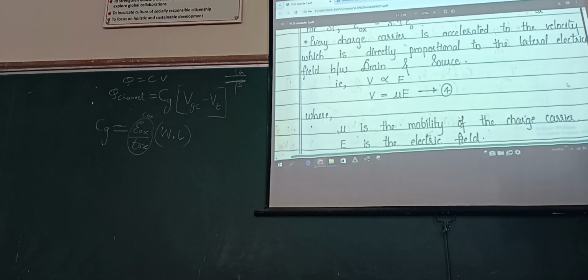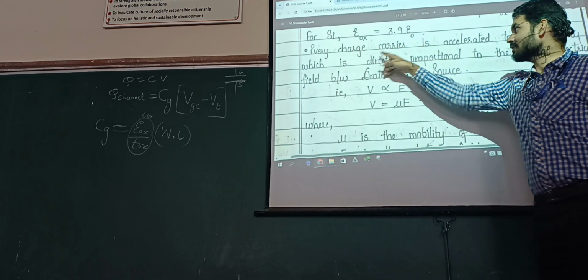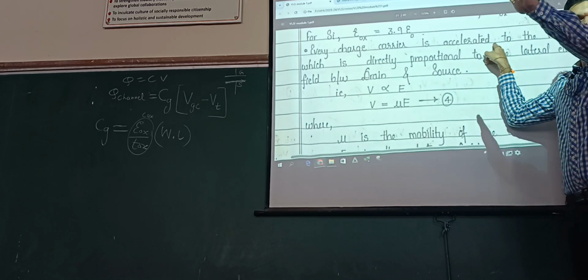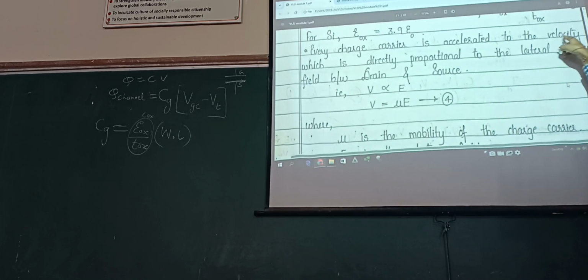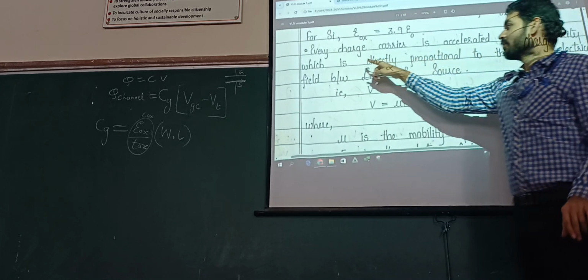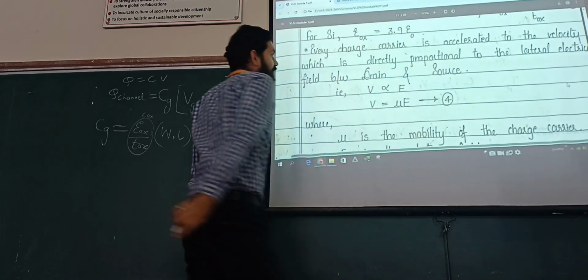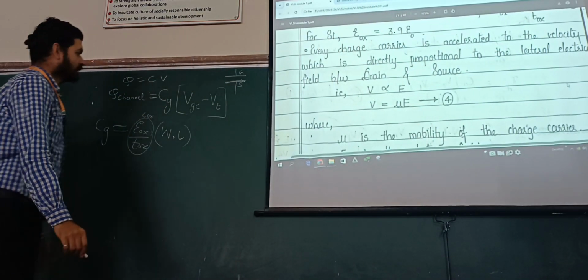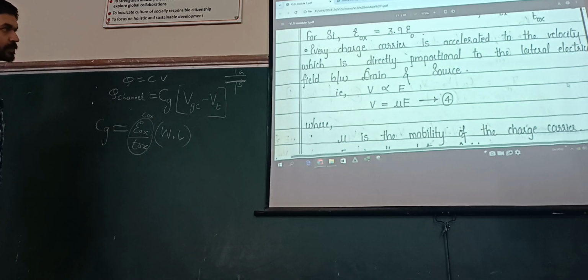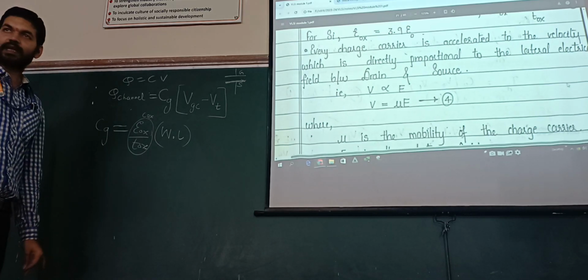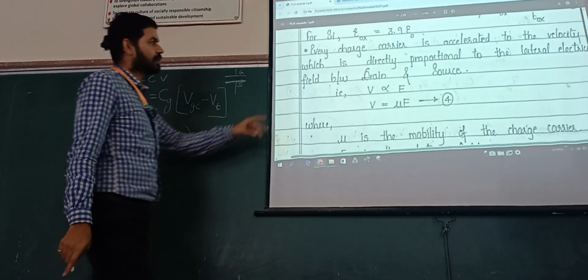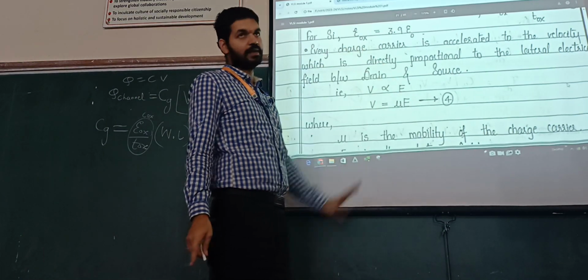Okay. Next, every charge carrier is accelerated, meaning it moves with a velocity which is directly proportional to the electric field between drain and source. So what they are telling is that every charge carrier, or every electron which is moving, has a velocity directly proportional to the electric field.